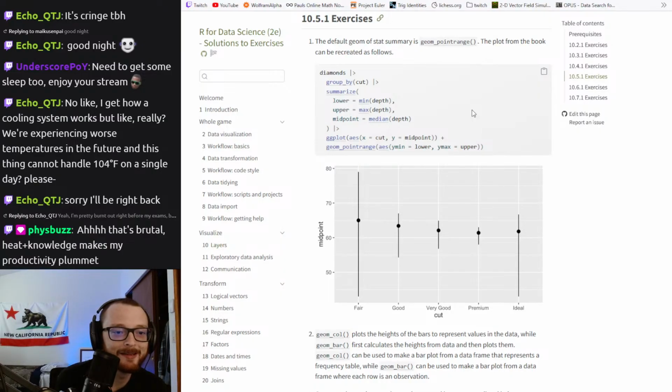Same FizzBuzz, yeah. Oh, this is a lot more complicated than I thought it would be. Oh, you have to really spoon feed pointrange. Wow.